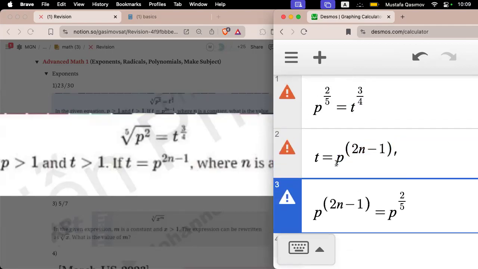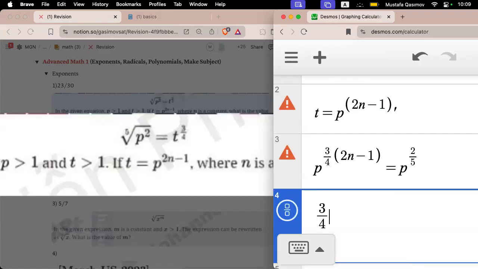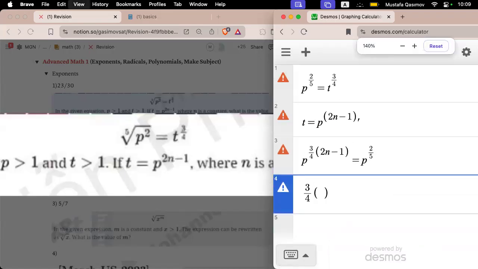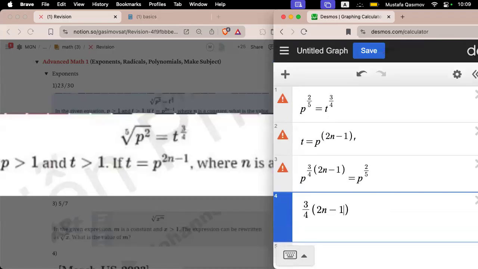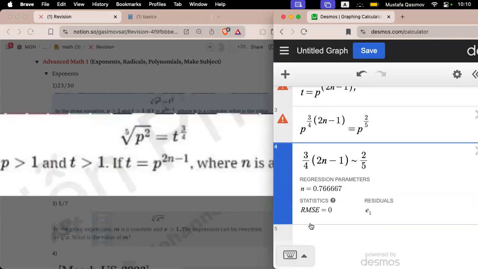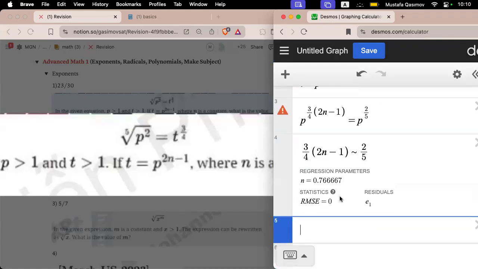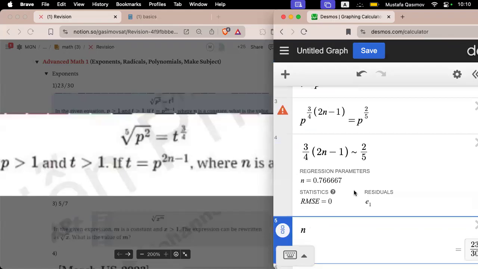When you write instead of t, p with power of 2n minus 1, it will be 3 over 4 multiplied by 2n minus 1. Then their exponents will be equal to each other. Then you have to solve it. Any question? Okay, then you can write an equal sign instead and you will get the value of n. If you want, you can also change it to a fraction.